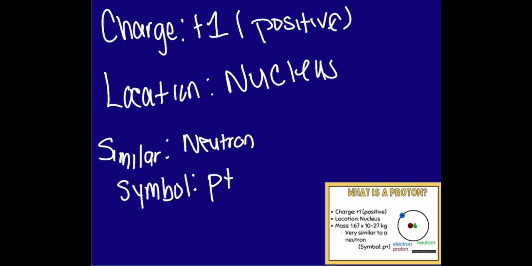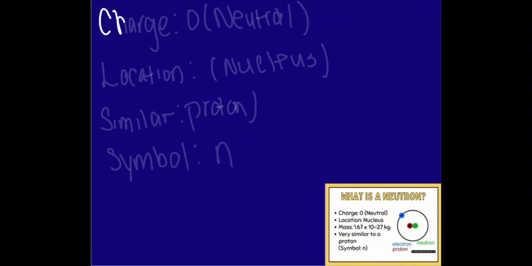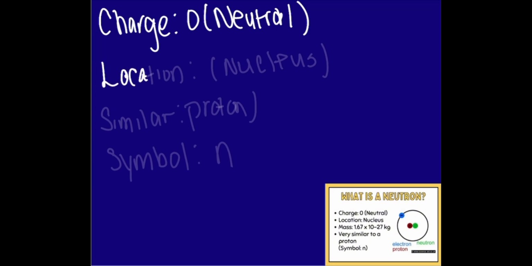Okay? Next up, we have a neutron. So what is a neutron? The charge for our neutron is 0, meaning that it is simply neutral. It does not have a charge. This is very important to note because when we go throughout the lessons this year, we will find out the importance of having a neutral atom and then having a non-neutral atom. That does change things. The location of a neutron is also in the nucleus.